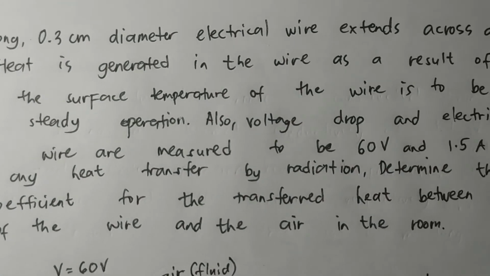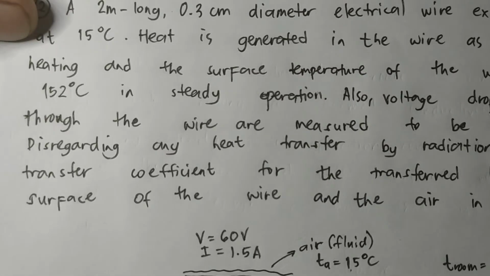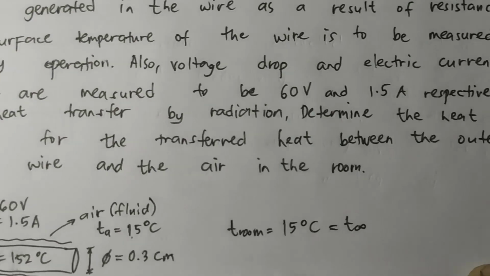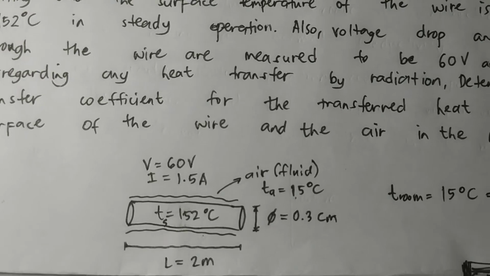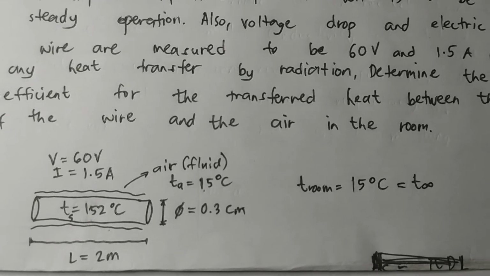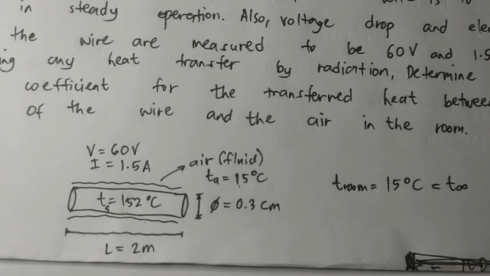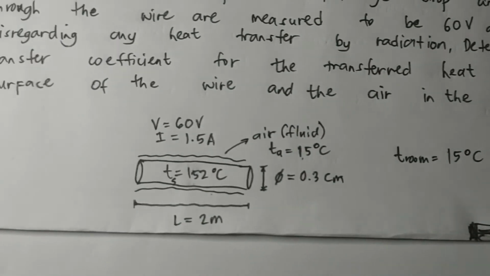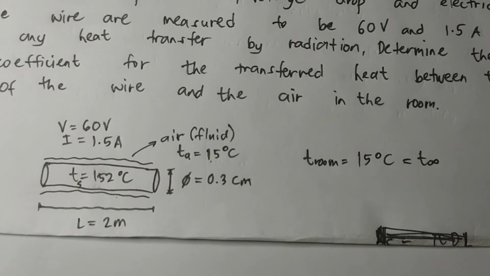Also, voltage drop and electric current through the wire are measured to be 60 volts and 1.5 amperes respectively. Disregarding any heat transfer by radiation, determine the heat transfer coefficient for the transferred heat between the outer surface of the wire and the air in the room.